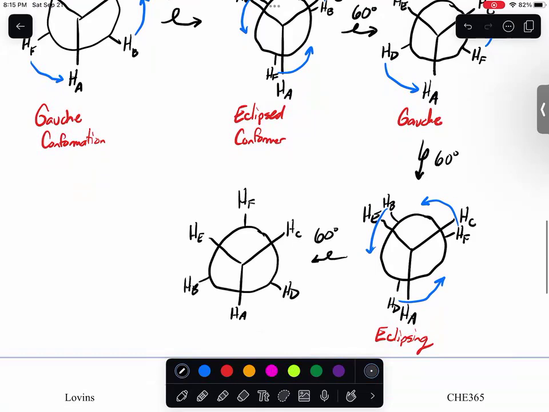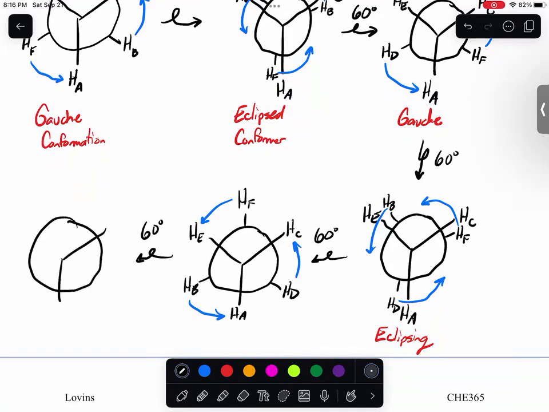Now we can do another 60-degree rotation. Again, this is why there are six conformers here, because every single one of these 60-degree rotations technically puts a different hydrogen into a different position. For example, HC and HD had never been eclipsing before, but they are in this example. HB and HA are now eclipsing, and then HF and HE are now eclipsing, right?